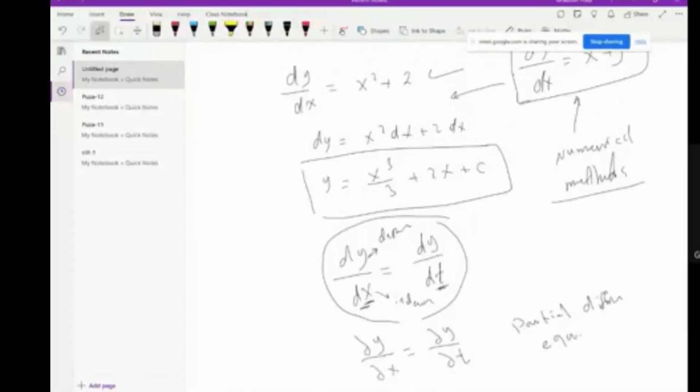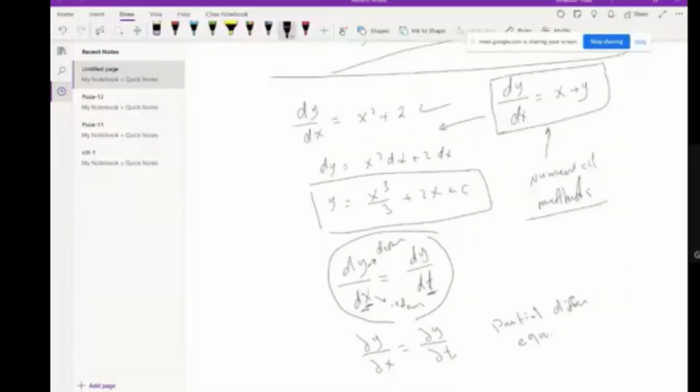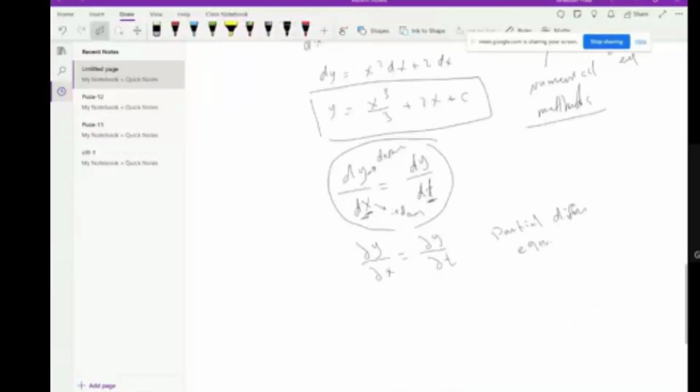And this is named an ordinary differential equation. Why is this ordinary? Because we have one independent variable, just dx. But here what we have, dx and what? dt.